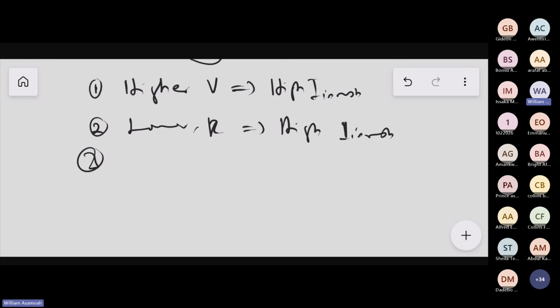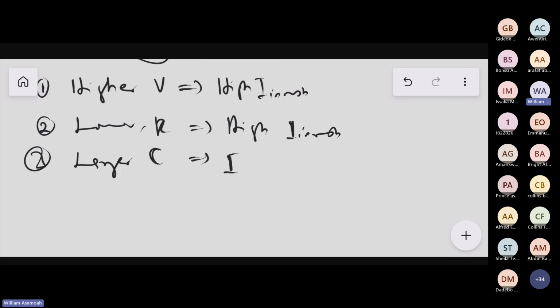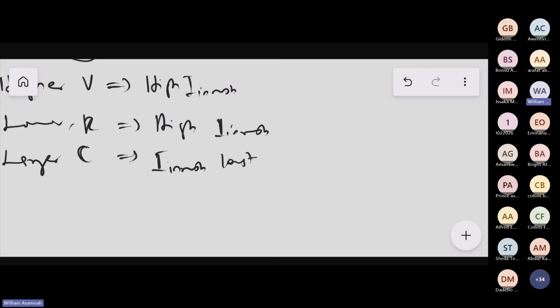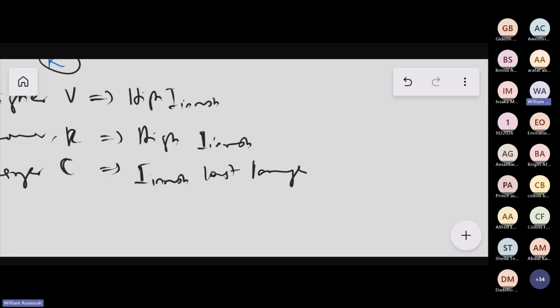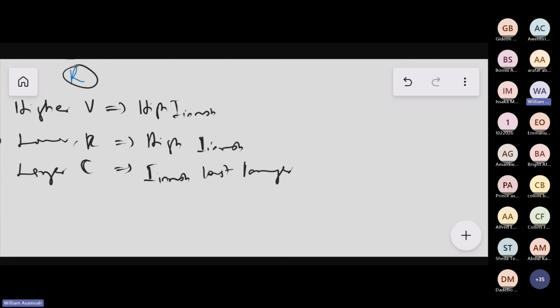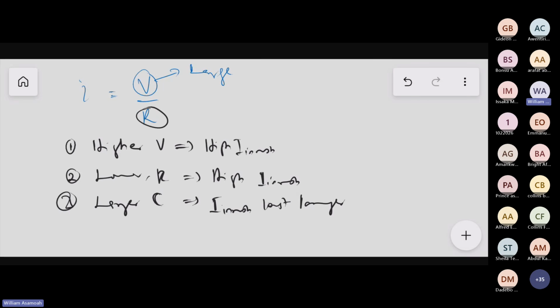So if we have a larger C, the inrush current will stay for a longer time. It lasts long. Okay, so these are the three behaviors of capacitors at inrush or at startup.